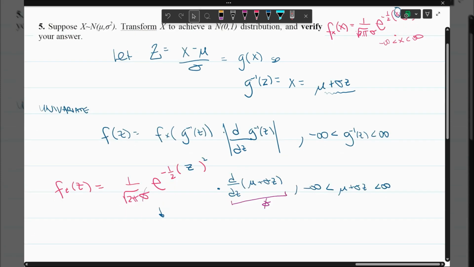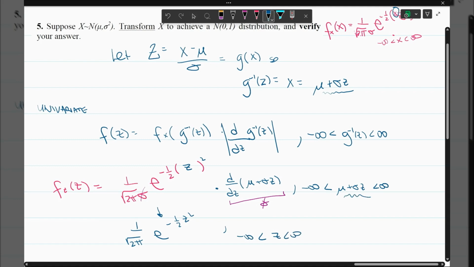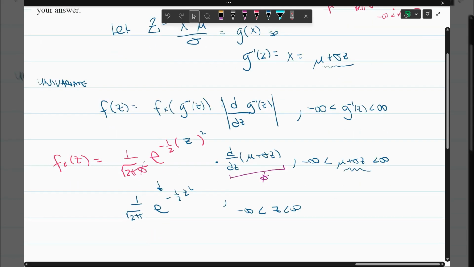We're left with 1 over radical 2 pi e to the minus 1/2 z squared, and the support would be negative infinity less than z less than infinity when we solve for z. This leads us to the reality that z is normal 0-1 as expected.